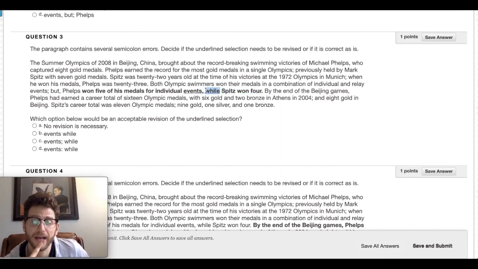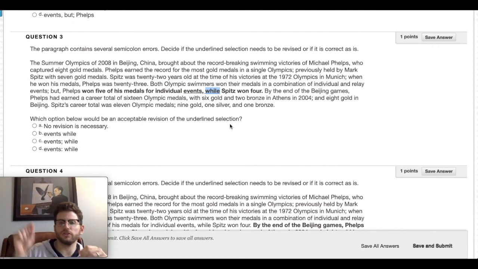If you can't remember, then you need to go back and watch that video on prepositions and conjunctions. While is a subordinating conjunction. While is like because, although, even though. Yes, I do have a subject and a verb here, but it begins with a subordinating conjunction. Subordinating conjunctions always introduce dependent clauses, always.